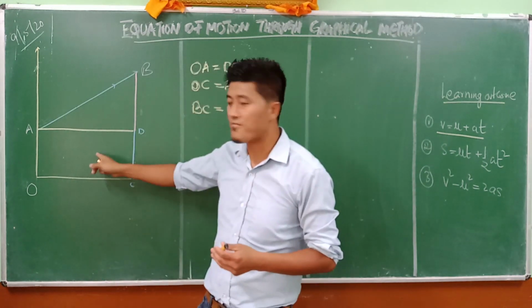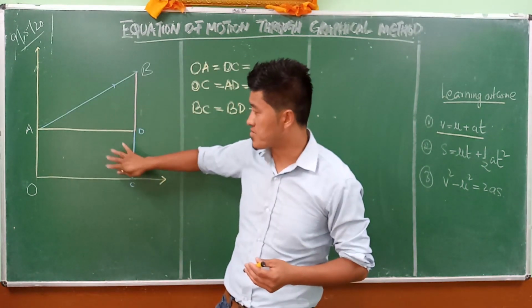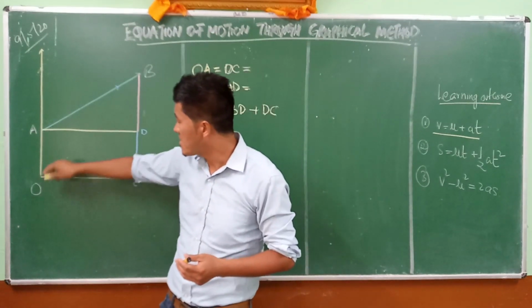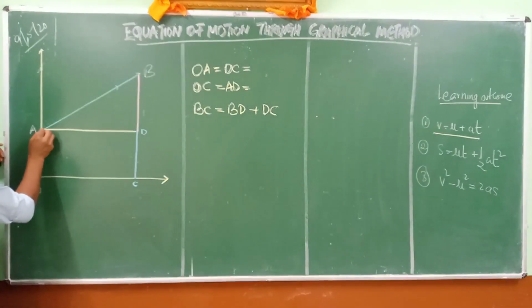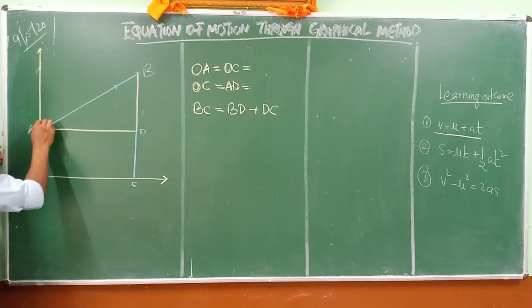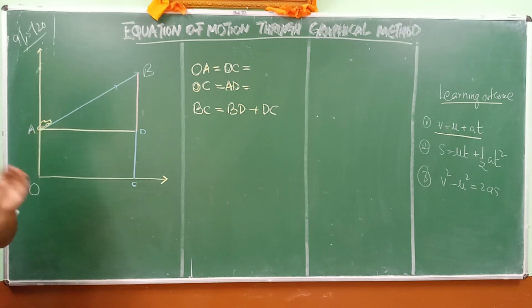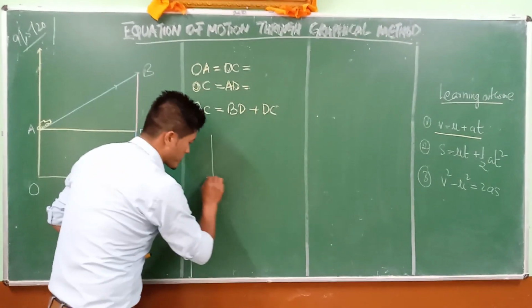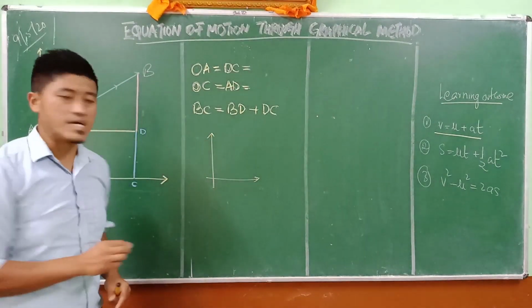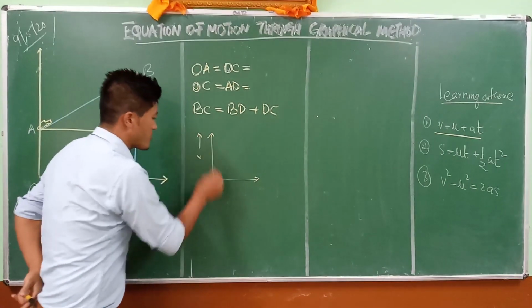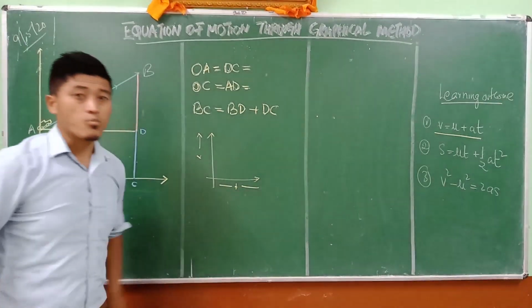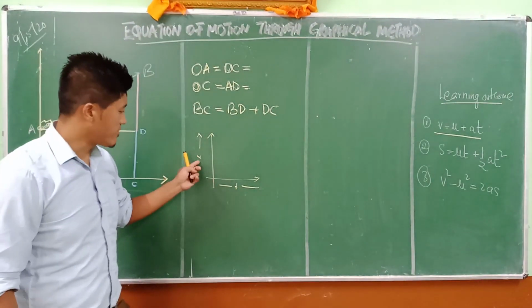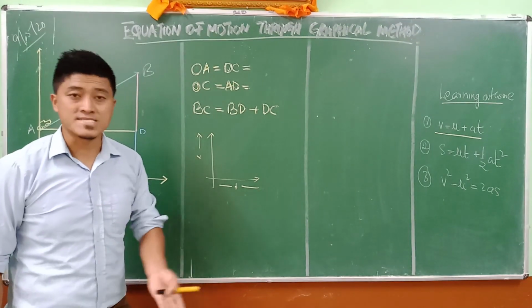So let us understand the graph itself first. Now if you look at this graph over here, you can see this is the point here. From this point, let's imagine an object is moving, and I'm going to keep that object as a car here. Now the point of concern is that previously we have learned, whenever we are writing any kind of graph where there is velocity and time, we always talk about acceleration.